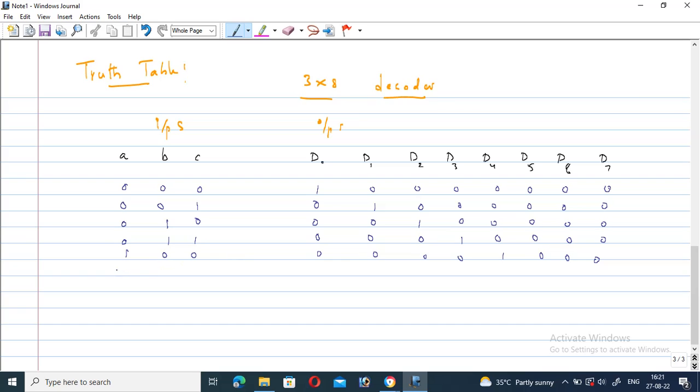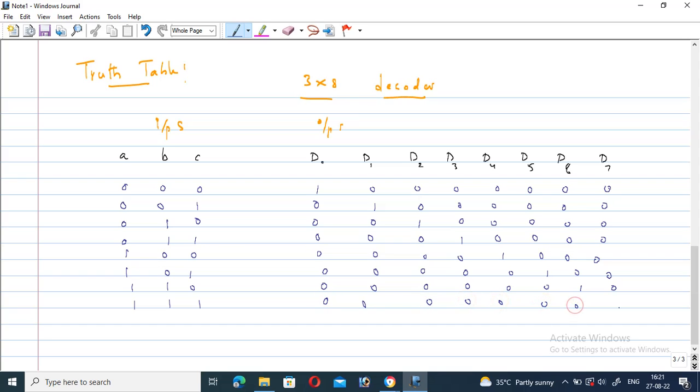For 1, 0, 1, which is nothing but 5 in decimal, D5 is activated and the remaining are all in 0 position. 1, 1, 0 is nothing but 6. Only D6 is activated and the remaining are deactivated. The last one is 1, 1, 1, nothing but 7.